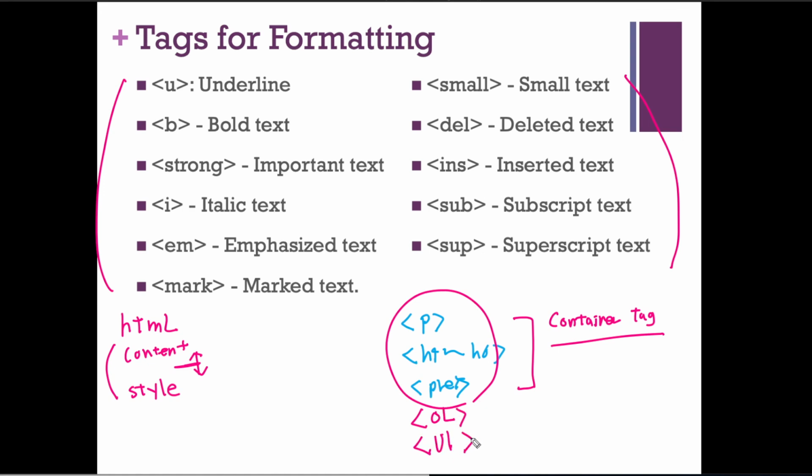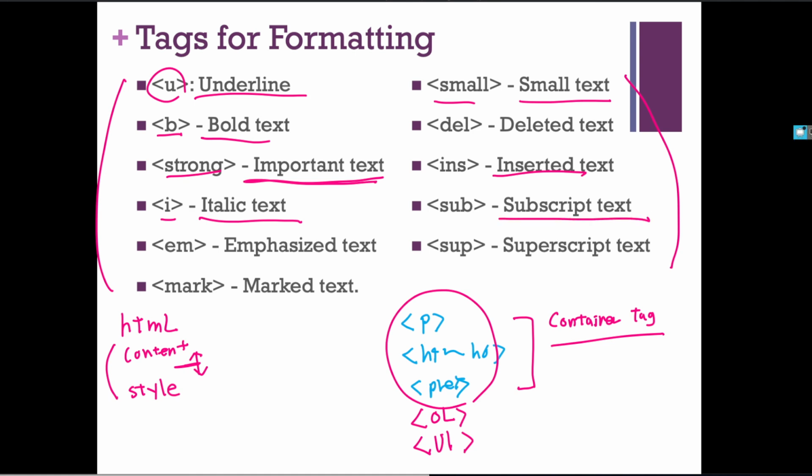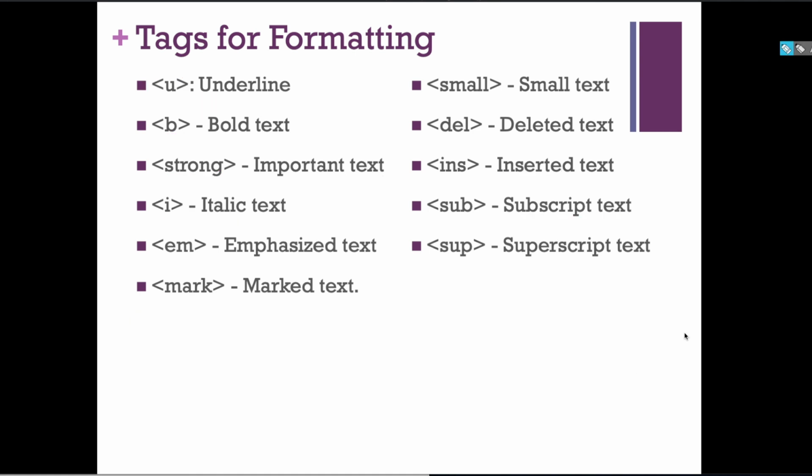These are all container tags. They can contain content, but all these others are formatting tags. They're not holding content, but they decorate content. As you can see, U underline, B as bold, strong as also kind of bold, I for italic, small for small text, and sub and sup. All of these are things we need. So let's start with the underline.